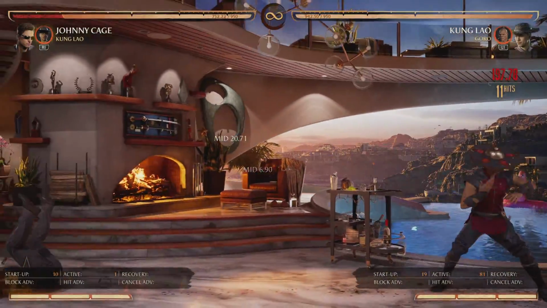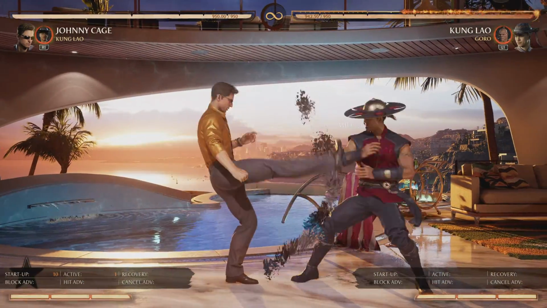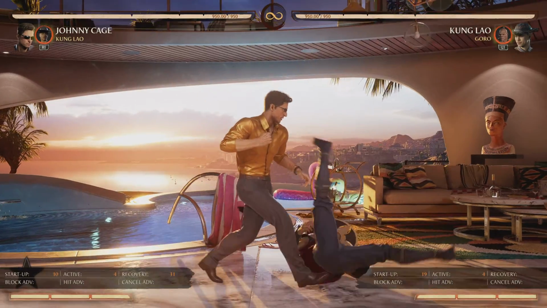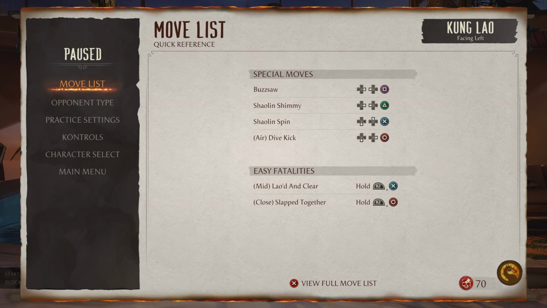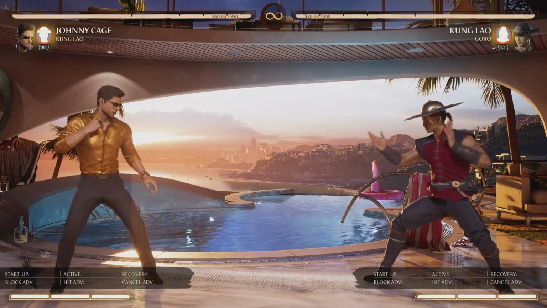Anything that's faster than 12 frames. As you can see, all jabs are 7 frames, so a jab is a pretty safe punish to do. Whereas if I try to do something a little bit slower, which like Kung Lao's forward 4 is 19 frames, so I'm going to try to punish with that. As you can see, Johnny can block in time.